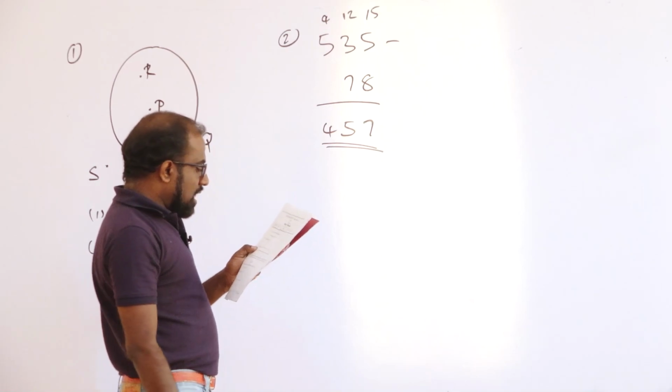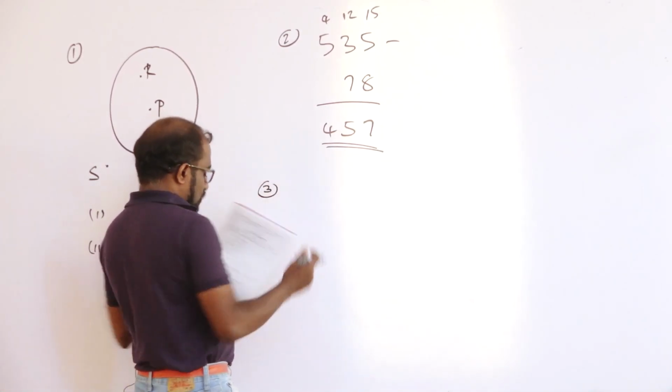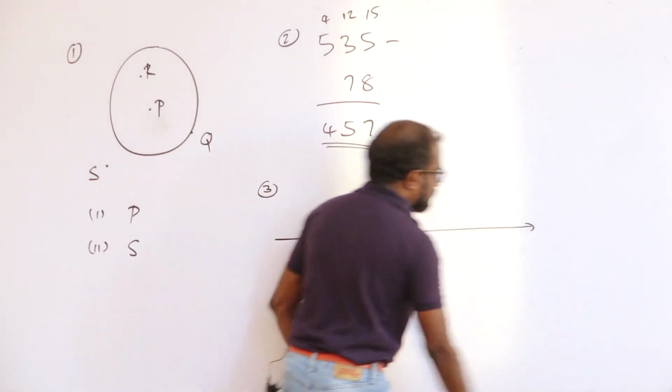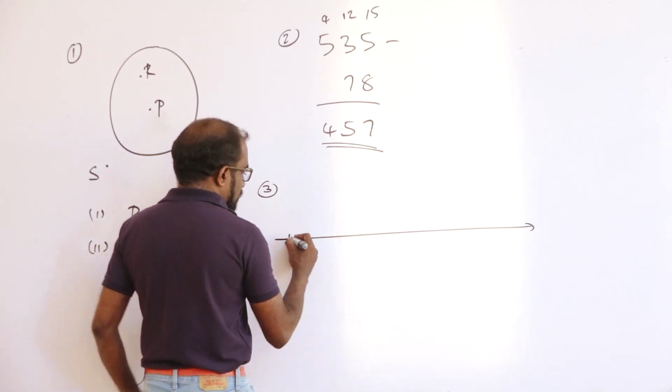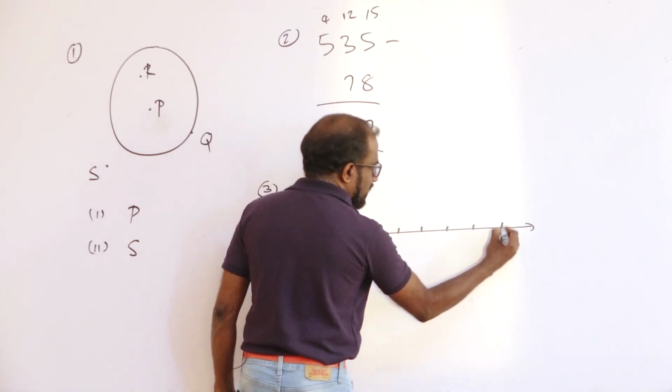Third one. Mark all odd numbers between 1 and 9 on the number line. Here the number line is also given to you.